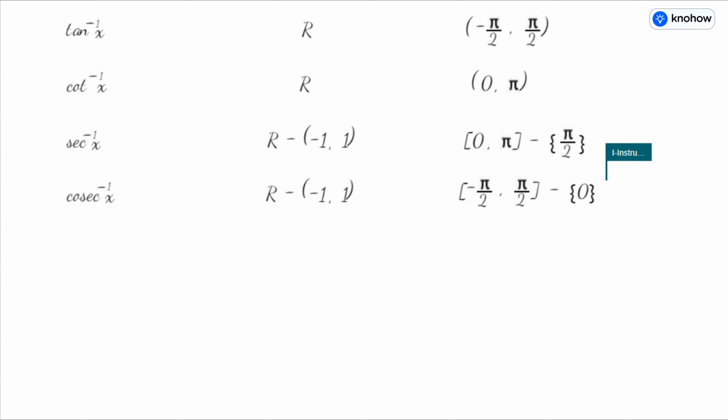You know, sine 0 is 0, so cosec 0 will not exist, and hence the value of cosec inverse x can never be 0. So we have noted down the domain, that is the possible values of x, and the range which the value of the inverse function can assume.